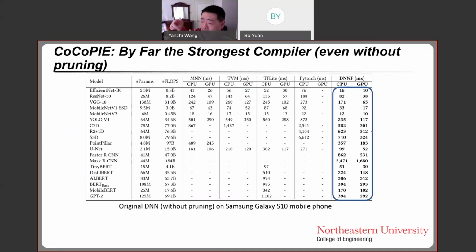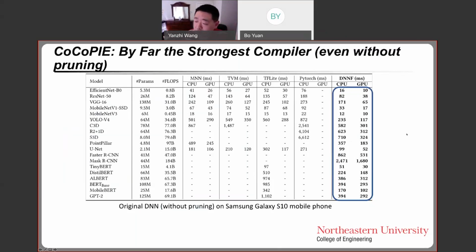And we can see that our performance is consistently better compared with the competing frameworks like MNN, TVM, TensorFlow Lite, and PyTorch Mobile. And meanwhile, we can support a large variety of models, including basic image classification, segmentation, object detection, activity detection, and also natural language processing, which is the BERT and the GPT series.